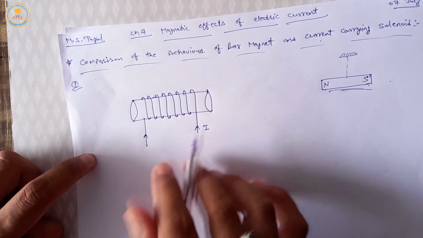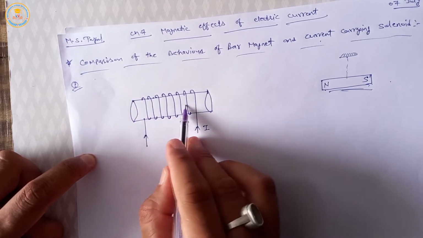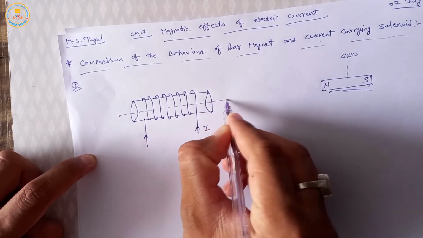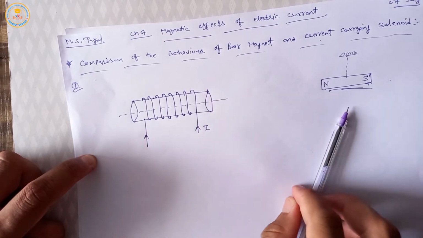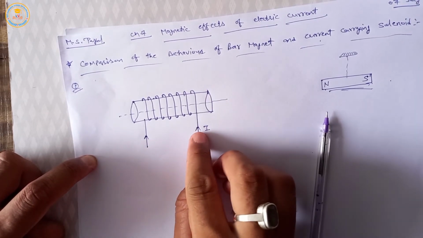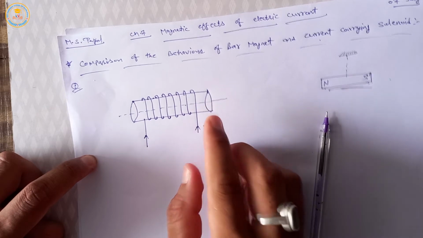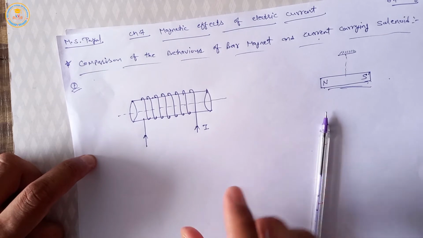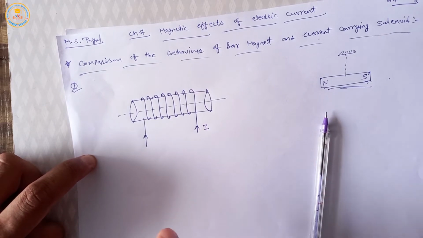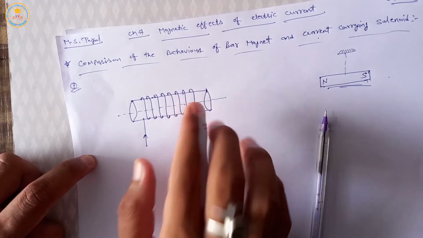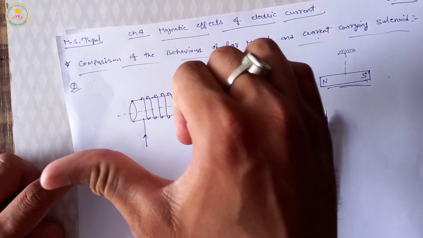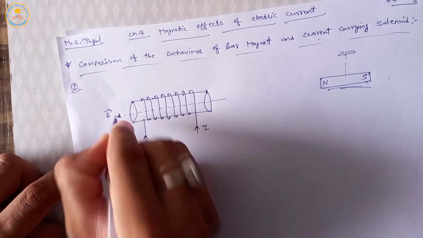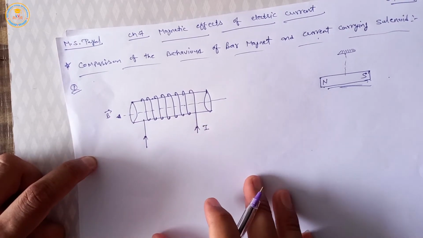According to the right hand palm rule, if the direction of current is in the direction of the folding fingers, then the direction of the thumb represents the direction of the magnetic field. Here the direction of current is in this direction, so this direction represents the magnetic field, B vector.